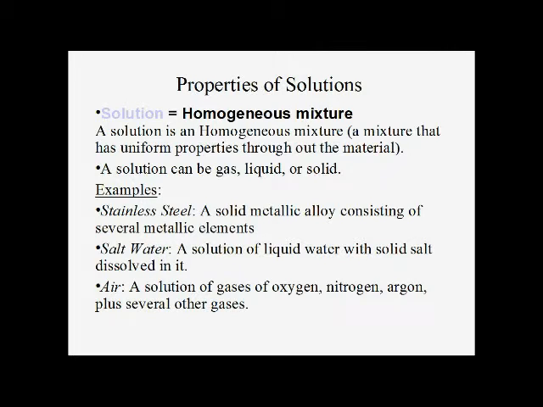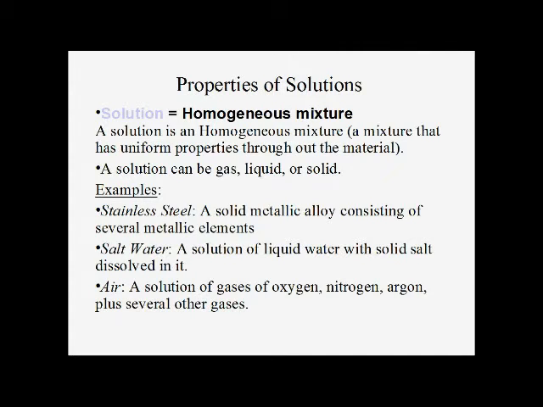What makes it steel is that it contains iron, and what makes it stainless is a significant quantity of nickel. But there's a variety of other metals in there at a variety of concentrations to give us different types of stainless steels. So being a mixture means that the amount or concentration can be varied.